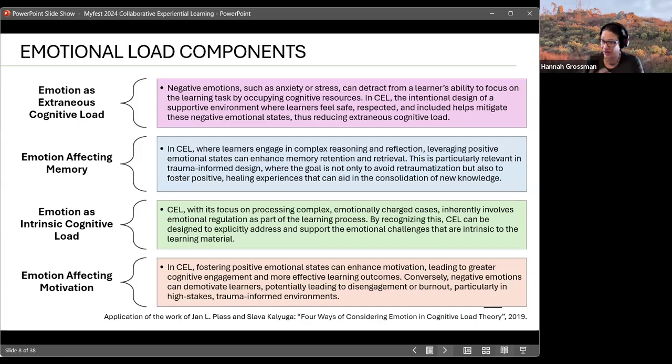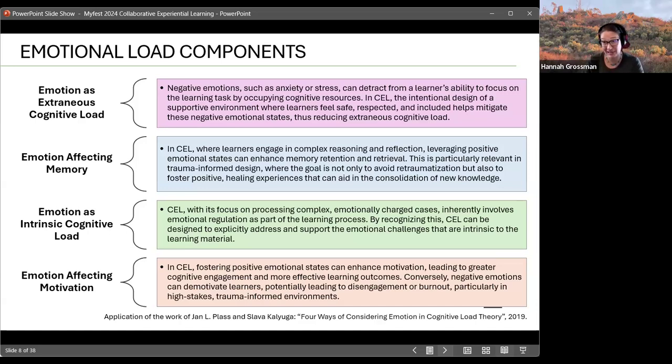When we are dysregulated because we have been harmed, it is much harder for us to focus on answering a math question because our attention is going to be going toward dysregulation. Those are the ones that are very impactful for us. So in this collaborative experiential learning approach, we're looking at collaborative loads, but we are also looking at emotional cognitive loads.